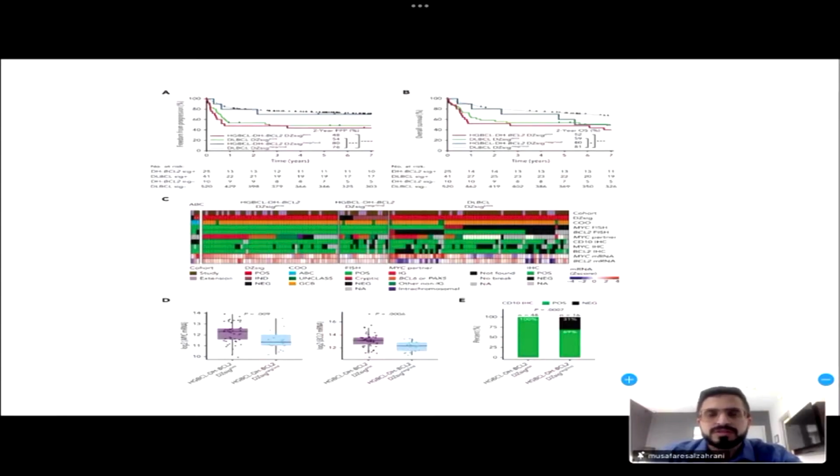Here also, if you look at the Kaplan-Meier curves, you can see that the lines that are red and green reflect the patients with dark zone, regardless of whether they have double hit by FISH or not, and they will have worse outcome in terms of freedom from progression as well as overall survival.